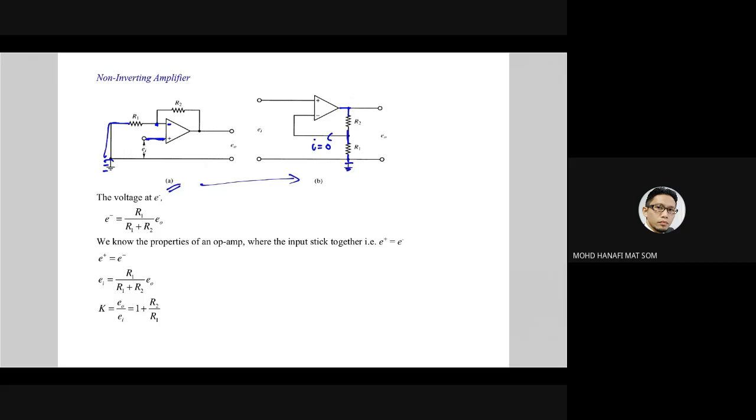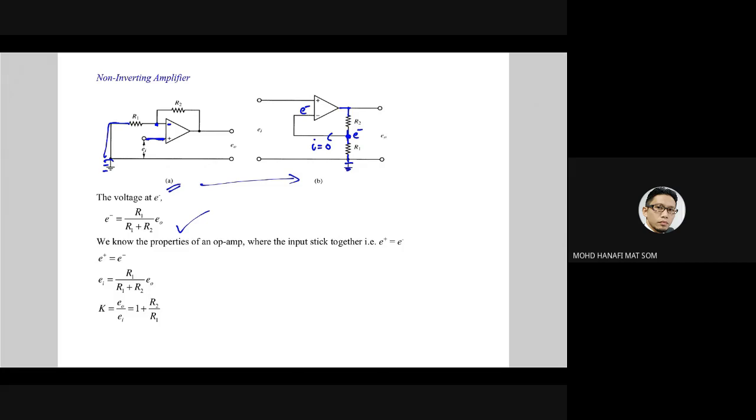So we can use the voltage divider rule to find the potential at this point. Let's say at this point we have E minus. E minus we can find using the voltage divider rule: R1 over R1 plus R2 multiplied by E naught.